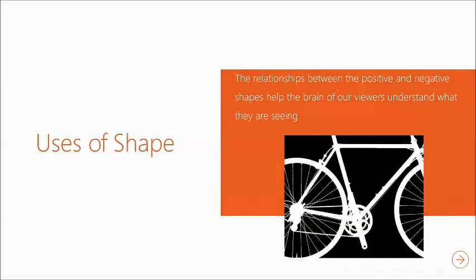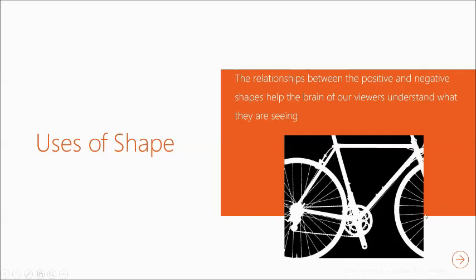The relationship between the positive and negative shapes helps the brain of our viewers understand what they are seeing. So for example, here, I'm seeing a series of circles, a rectangle, a triangle.